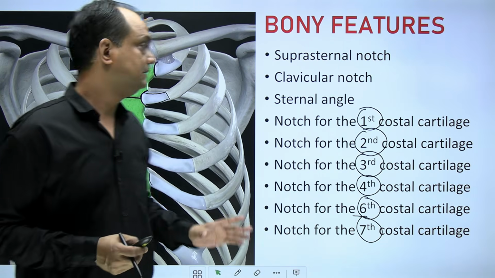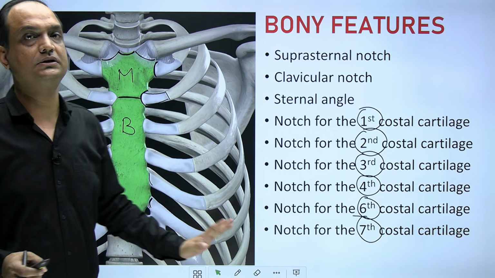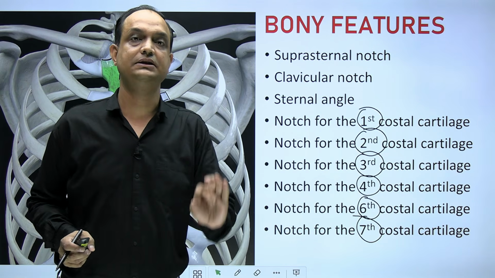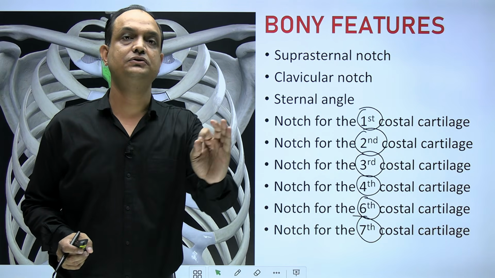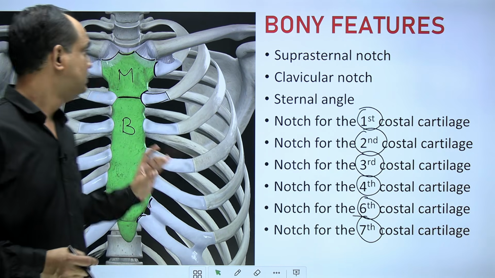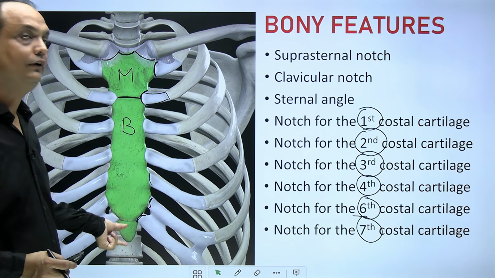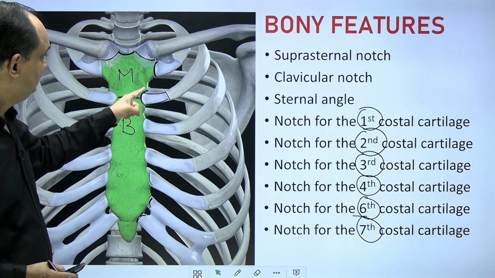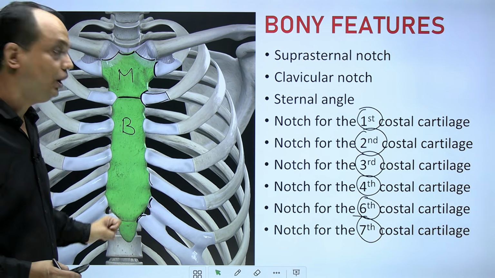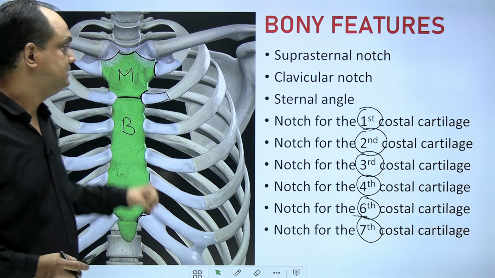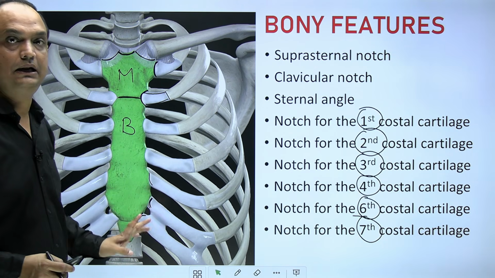So my dear students, these are some basic questions for your exam. Whenever you have the sternum in your hand, the first question is: what are the parts of the sternum? Manubrium, body, xiphoid process. And how many costal cartilage notches are present? The answer is 1 to 7. Clear?